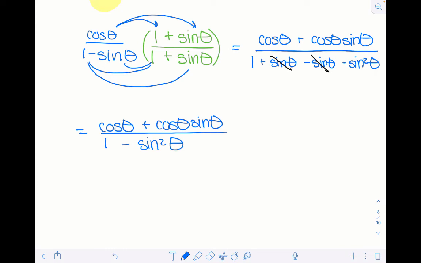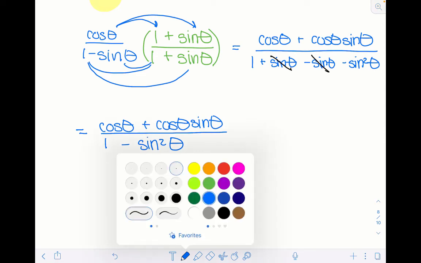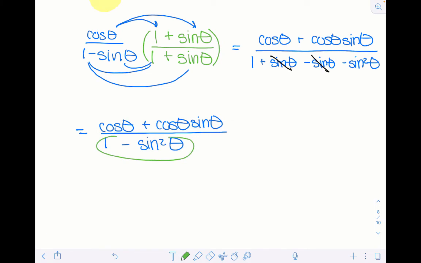We might be thinking about what to do at this point. Again, the square means think about Pythagorean identities. Since cosine squared plus sine squared is equal to 1, that means that 1 minus sine squared is the same thing as cosine squared.